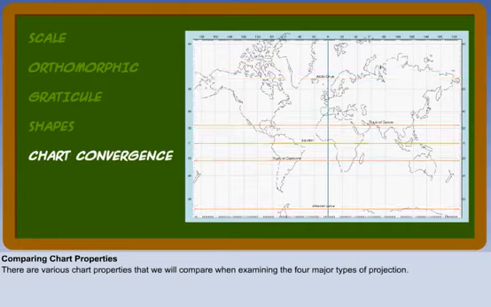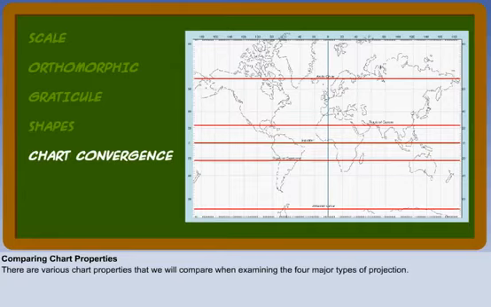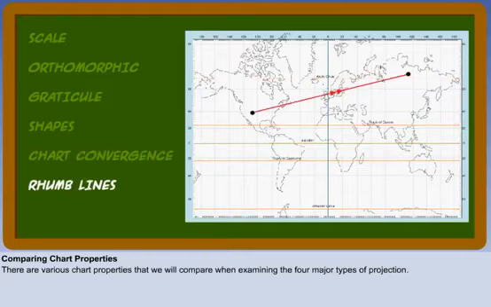You will learn that this is not the same thing as Earth convergence. And finally, the appearance of rhumb lines, and great circles.